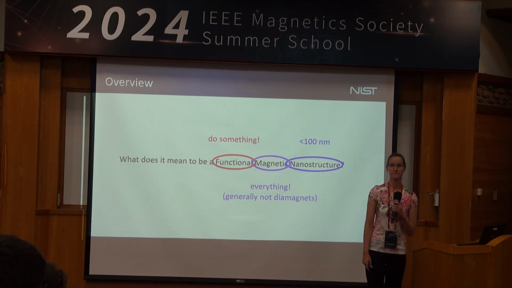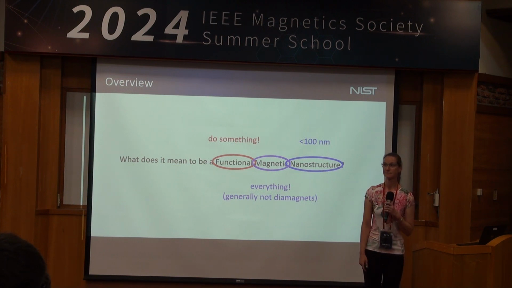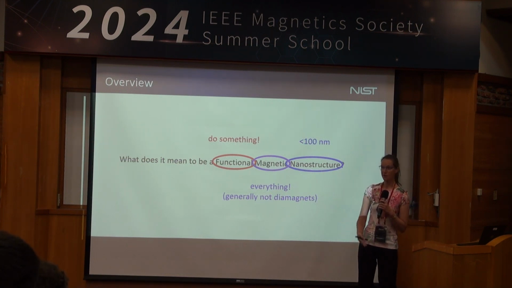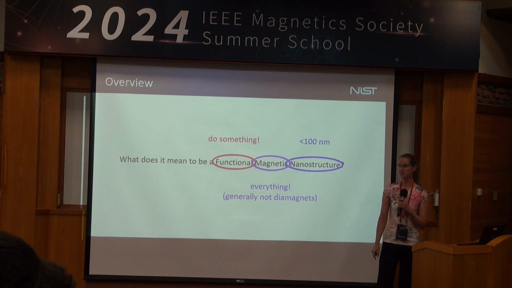Any others? Yes? Just any magnetic layer? Yeah, you can have a pretty big thin film as long as the thickness is less than 100 nanometers, and there's lots of things you can do with it. One other example, because I've seen a number of posters using this particular word.